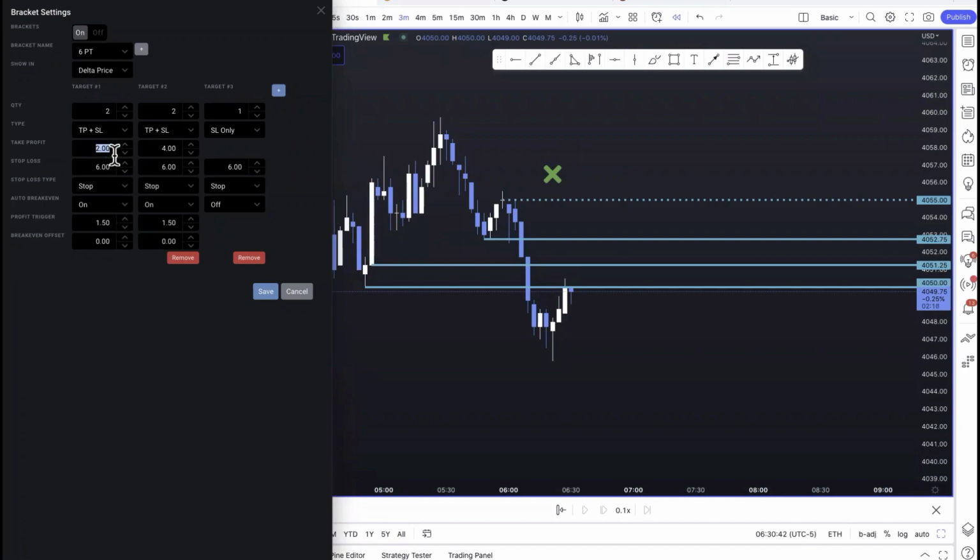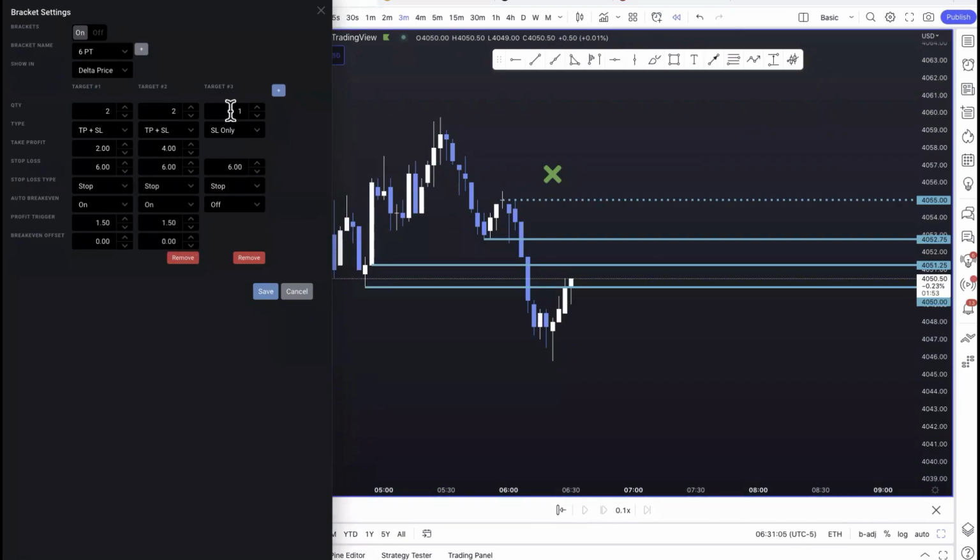So if I'm almost at 2 points, don't let me lose money. So at 1.5 points, move my stop to break even. And then on my next target, well, for the next 2 contracts, get me out at 4 points, but at 1.5 points profit, move me to break even.